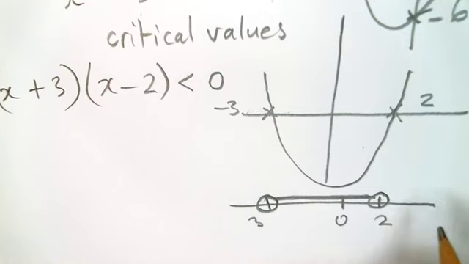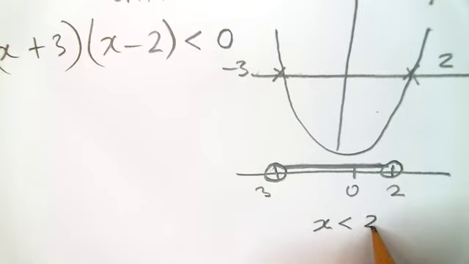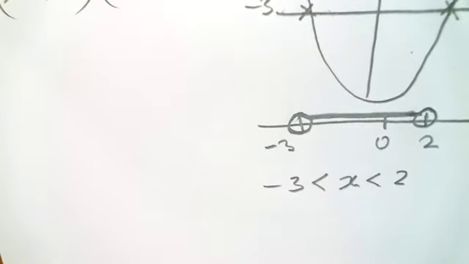And that would be my solution. To write that, we would write it in the same way as any other inequality. We'd say that x is less than 2, but x is greater than negative 3. And that would be my solution.